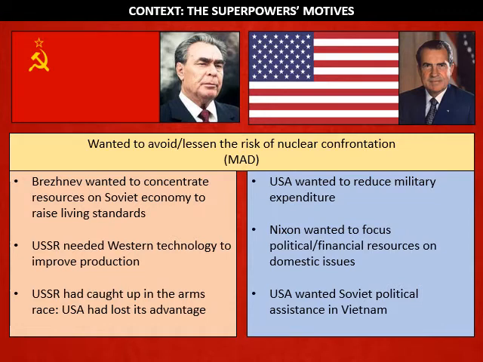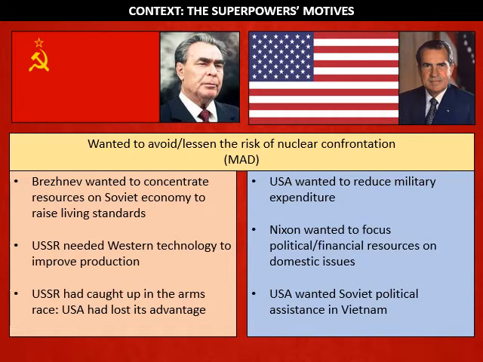Similarly, Nixon also wanted to reduce military expenditure. He also wanted to focus more on the domestic issues around the Vietnam War and civil rights protests that he faced. Now, from the mid-1960s onwards, America had become embroiled in the Vietnam War. This was a disastrous war, unpopular at home and disastrous diplomatically abroad.